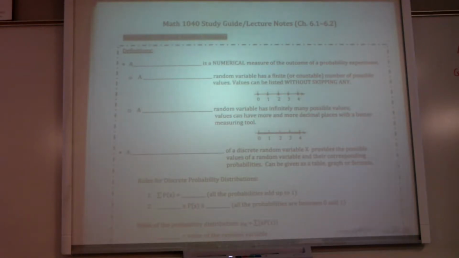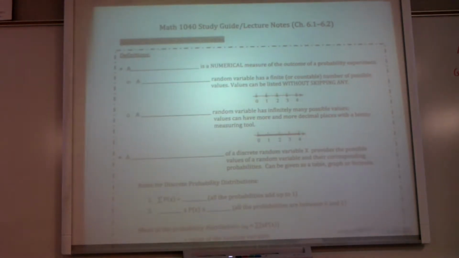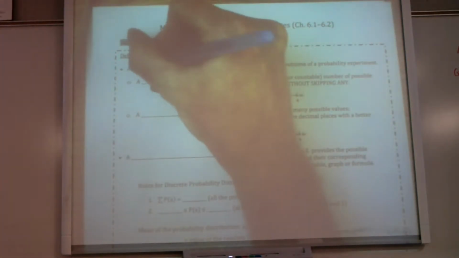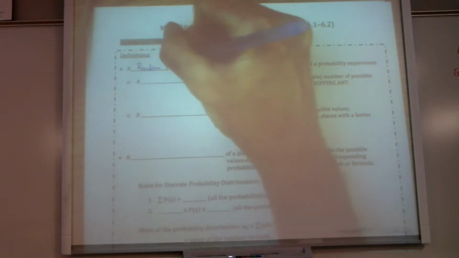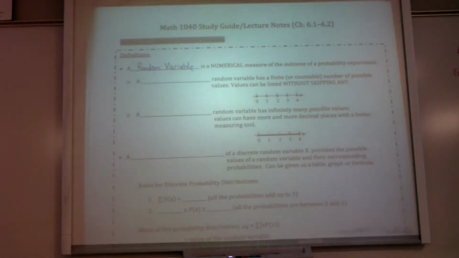So that's going to be our very first thing in our notes, a random variable. A random variable is a numerical measure of the outcome of a probability experiment. Our question here is how many goals are going to be scored in a soccer game, and our random variable is the number of goals scored.